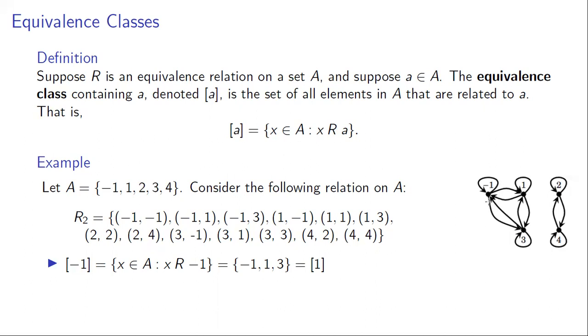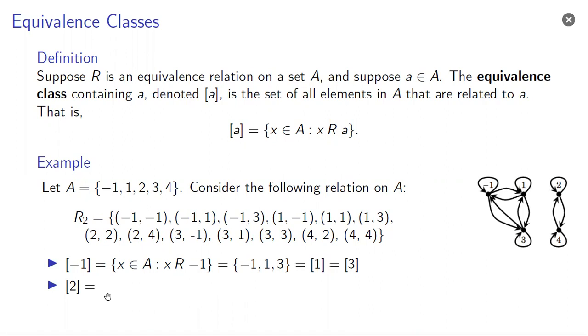Well, -1 is related to 3, 1 is related to 3, and 3 is related to 3, because there are direct connections between them. So this set is also the equivalence class of 3. The equivalence classes of 1, 3, and -1 are all equal to each other, and they are all this set here.